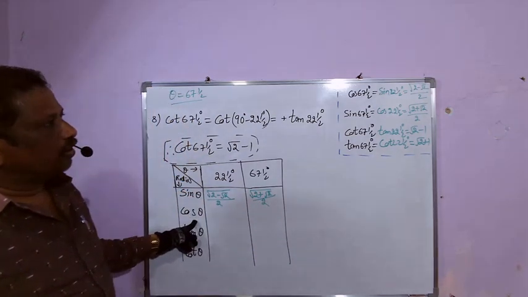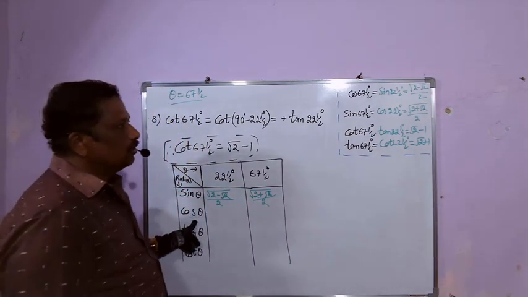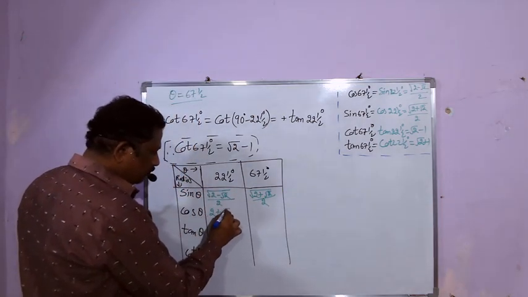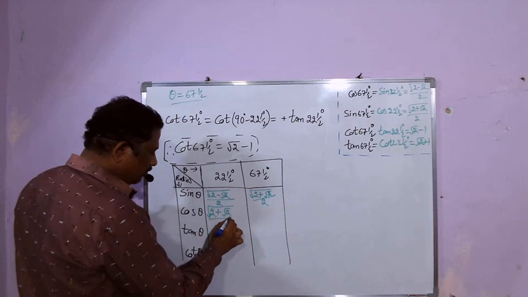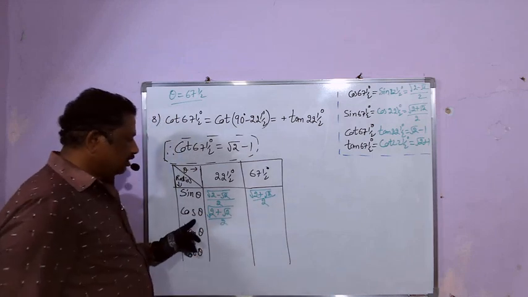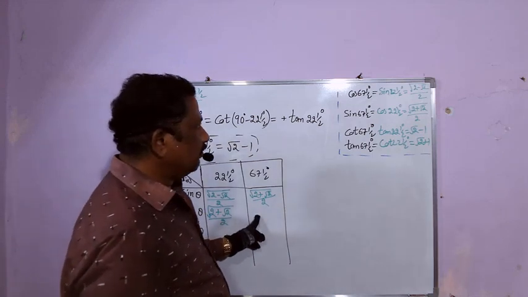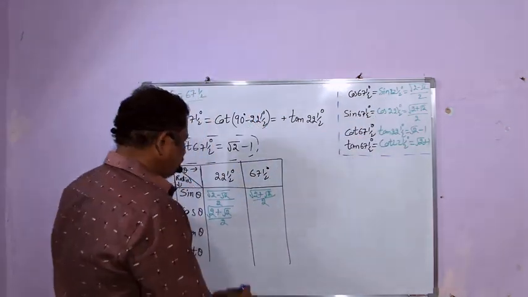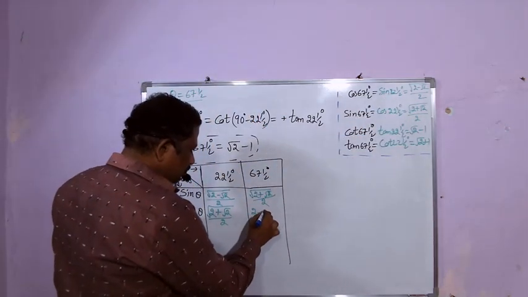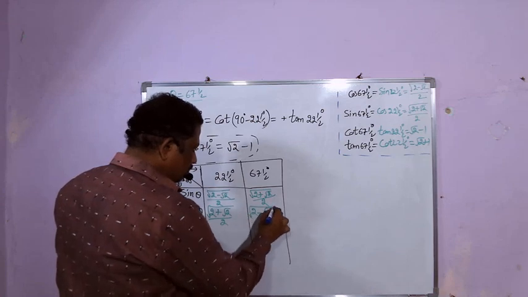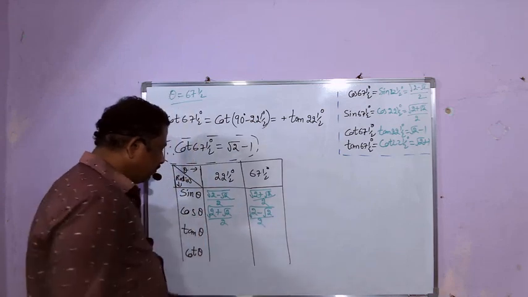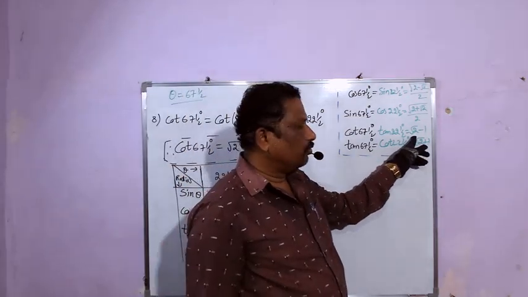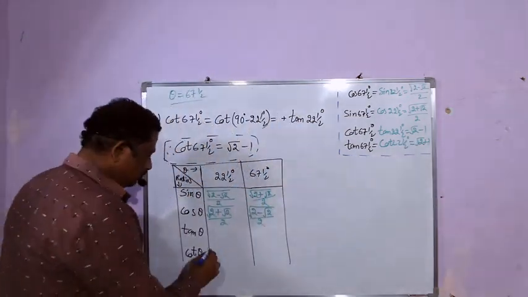Cos 22.5 degrees: same thing you get. This one only. 2 plus root 2 whole root divided by 2. Next, cos 67.5 degrees. That is equal to sine 22.5 degrees: 2 minus root 2 whole root by 2. Next, tan 22.5 degrees: root 2 minus 1.